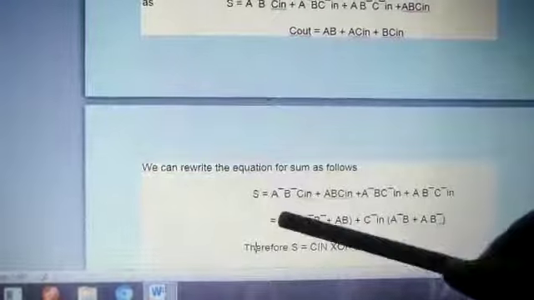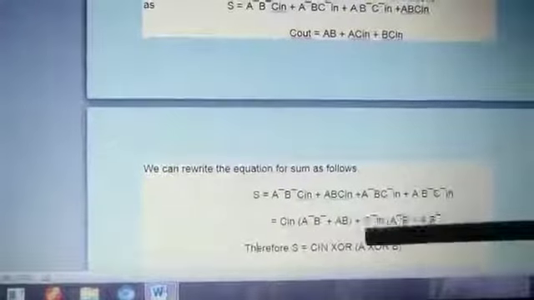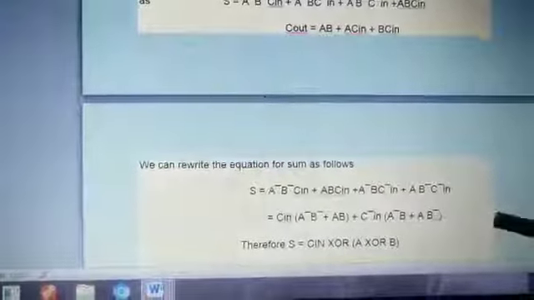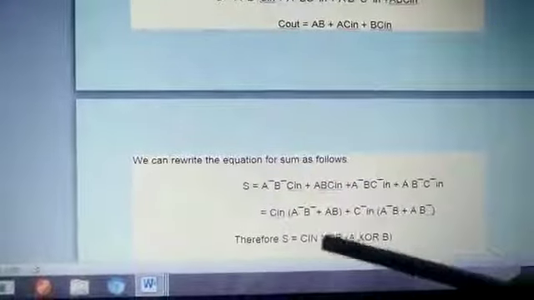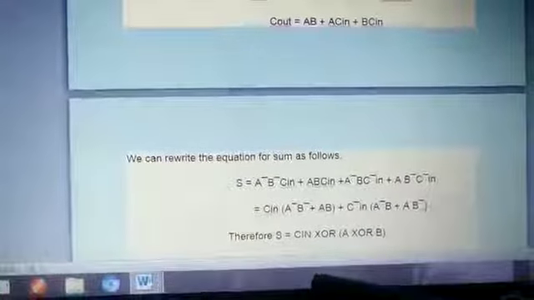Again, this other expression also leads to the XOR gate expression. That is why this combines as A XOR B, and the whole thing is also taken as an XOR gate implementation.